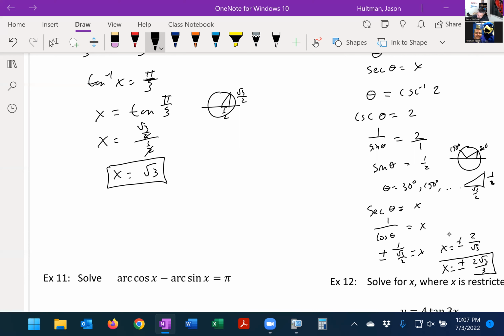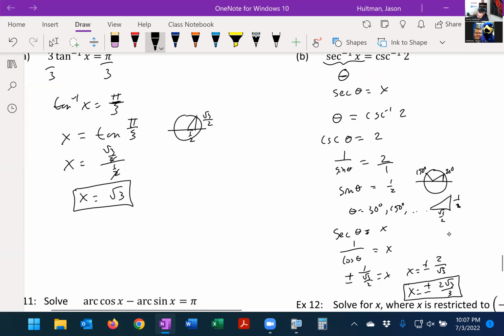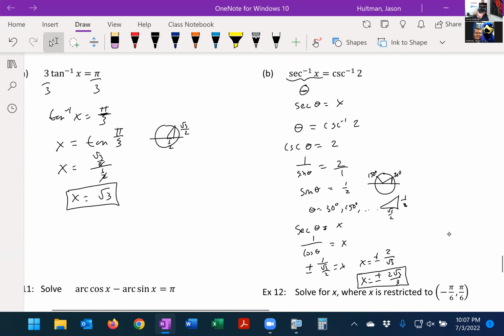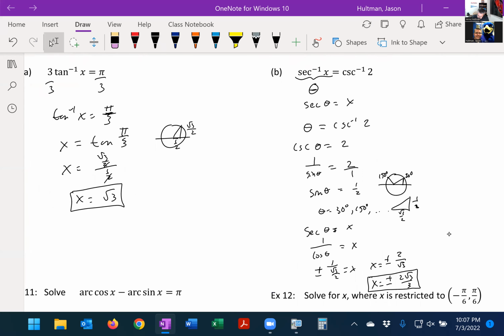Now, I just want to make sure that this works. I'm going to check both of these solutions with my calculator because one may work and one may not. It depends on the sign of everything. So let's see if we can get this to reconcile.